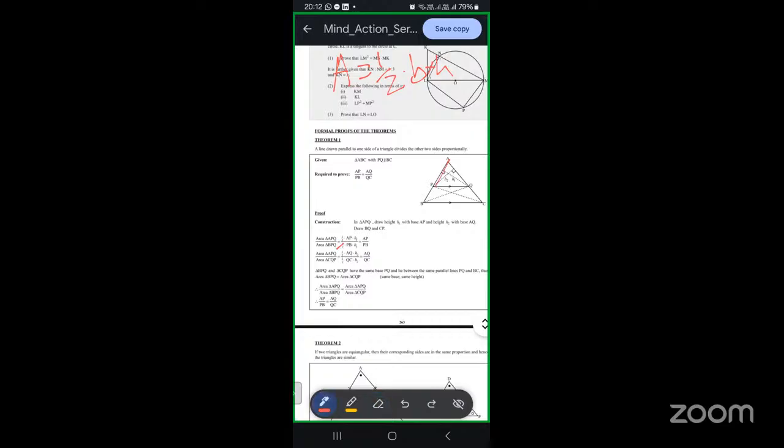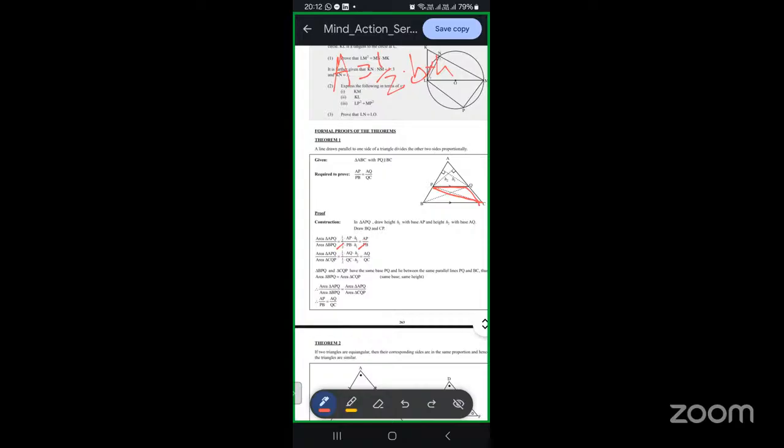The base for this triangle is AQ times the perpendicular height, which is this one, H2. Now we go to the other part, the area for the denominator, which is the area of triangle CQP, this one.